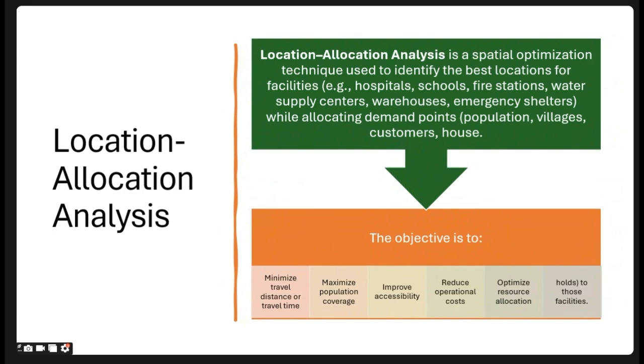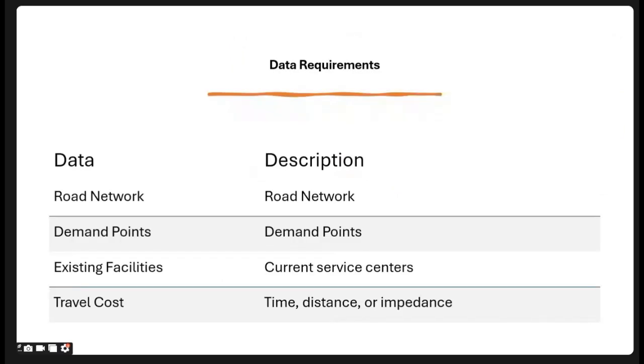These tools provide powerful capabilities for analyzing transportation networks by calculating travel distance and times, generating service areas, determining the nearest facilities, or optimizing facility locations based on demand distribution. There are two important tools available: ORS Tools and QNet 3.